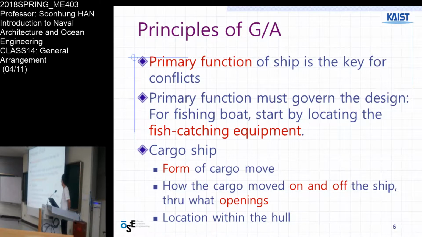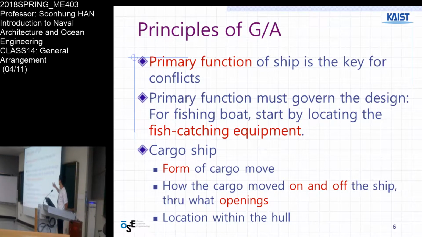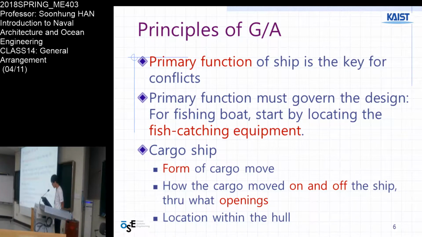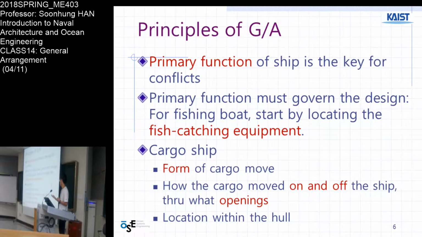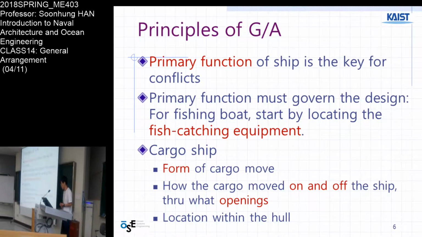So we have to consider fish catching most on a fishing boat. And also for a cargo ship, we have to consider what form of cargo we have to move, and we also have to consider how to load and unload cargoes, and also things like location of the hull.